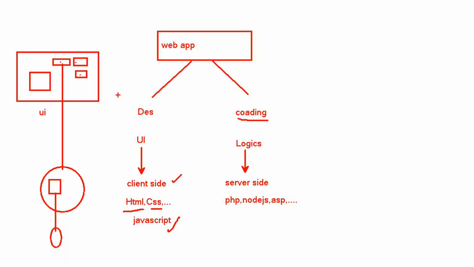Before that, I think you got some clarity on what a client-side script is and what a server-side script is. In client-side scripts, HTML and CSS: HTML we use to display the controls on the browser, and CSS we use to apply styles on the HTML controls.